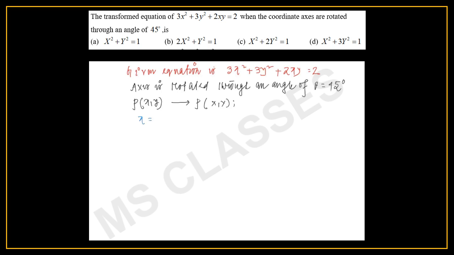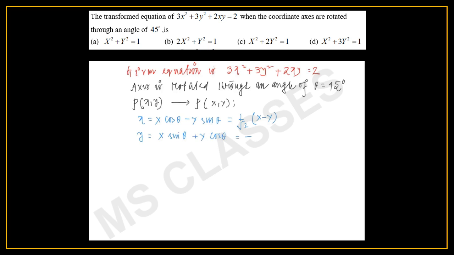Now what is small x in terms of capital X? It is capital X cos theta minus capital Y sin theta. Now we know the value of theta, so we can substitute the values of cos 45 and sin 45, and we can write 1 by root 2 into capital X minus capital Y. Similarly, small y, which is to be replaced in this equation, is capital X sin theta plus capital Y cos theta.